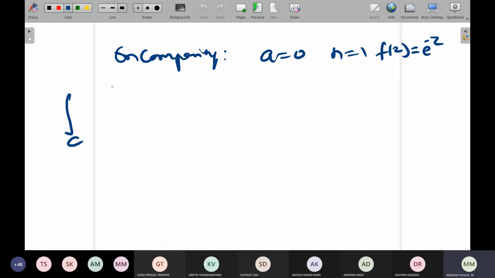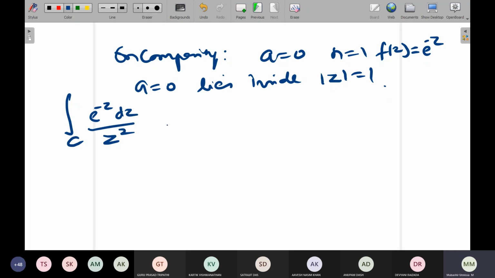So here, on comparing, a equal to 0, n equal to 1, f of z is equal to e power minus z. So a equal to 0 lies inside mod z equal to 1. Therefore, the integral over C of e power minus z dz divided by z square will be equal to 2 pi I by n factorial, that is 1 factorial, into f dash of a, which is f dash of 0.